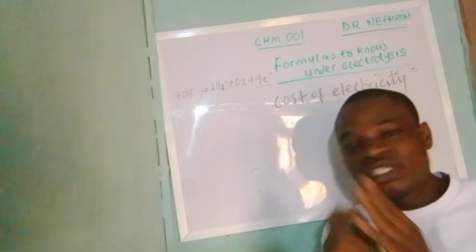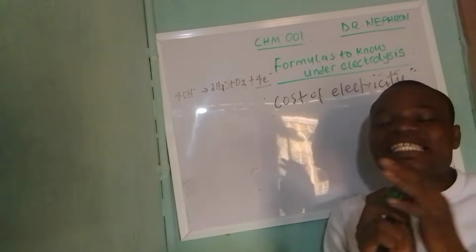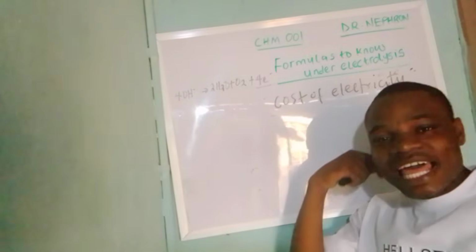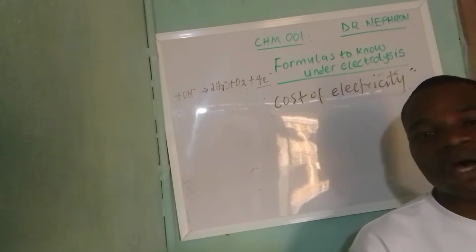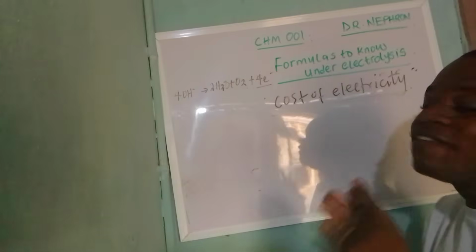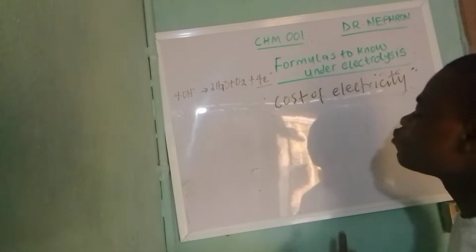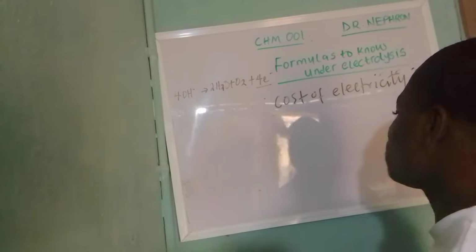If you just know them, you are fine. Just write it down, go and memorize them, then go to your past questions and solve them. The last formula under electrolysis is the cost of electricity, and I give my students this formula.